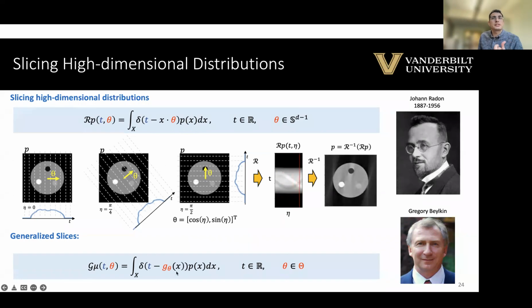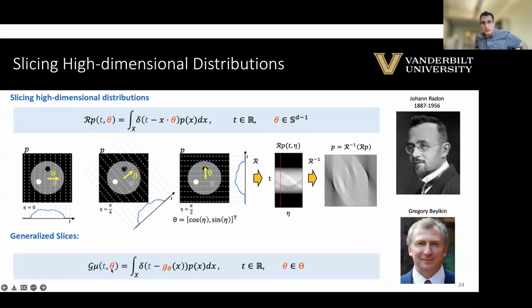We are integrating them along the level sets of a nonlinear function, right? So this g is going from R^d to R. Or equivalently, we could have said we are integrating our d-dimensional distribution along (d minus one)-dimensional hypersurfaces in this d-dimensional space, and that's going to give us a marginal distribution, or one-dimensional distributions, with respect to theta again.